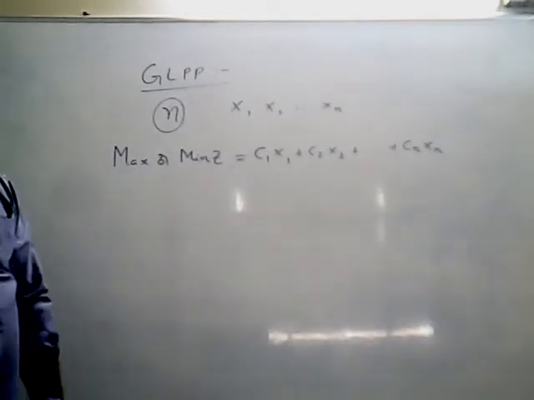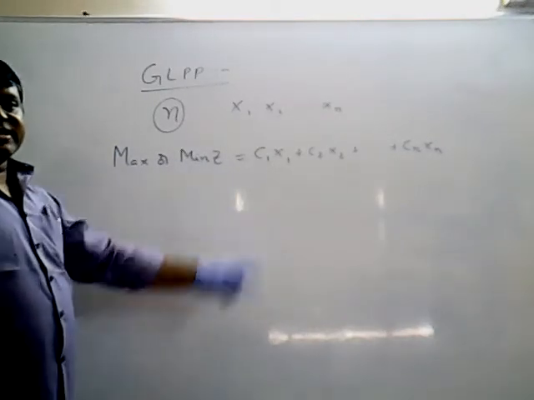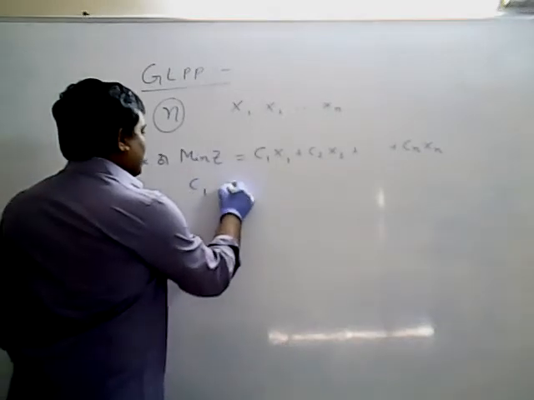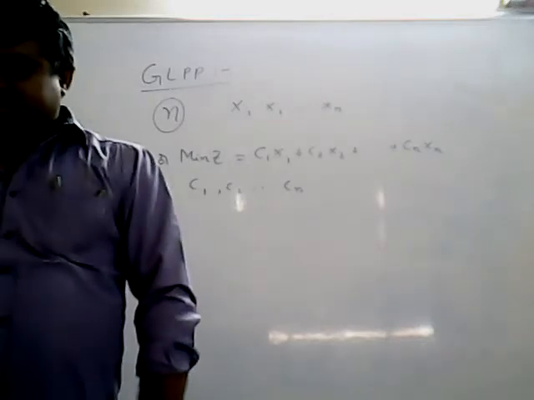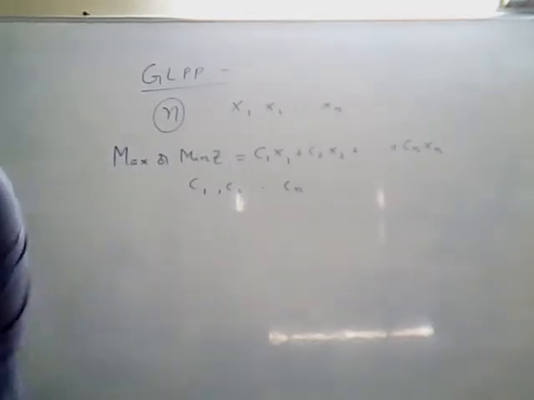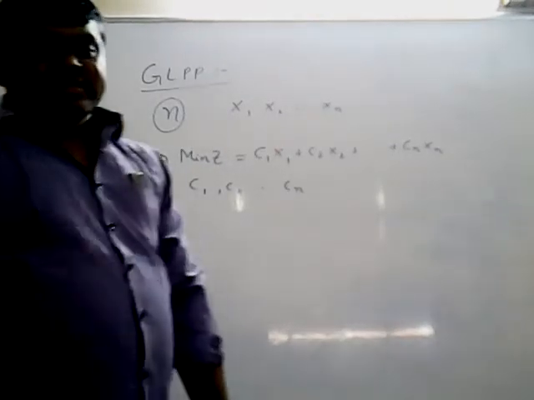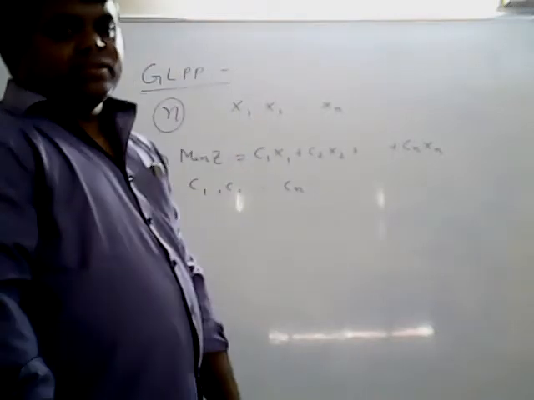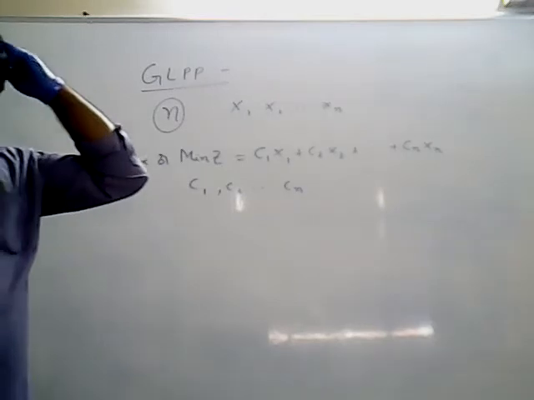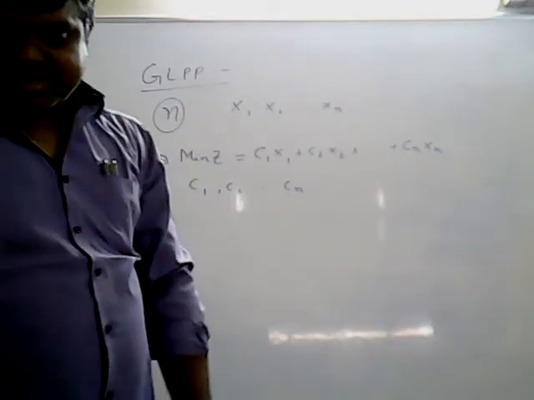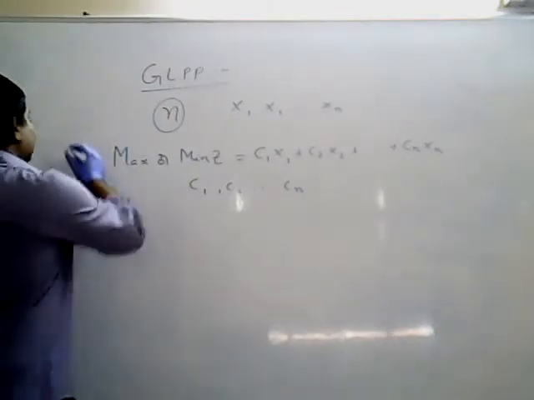Next line, where C1, C2, so on Cn are constants, satisfying m constraints.